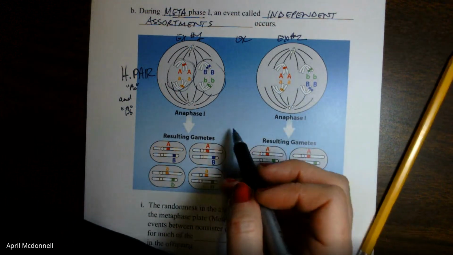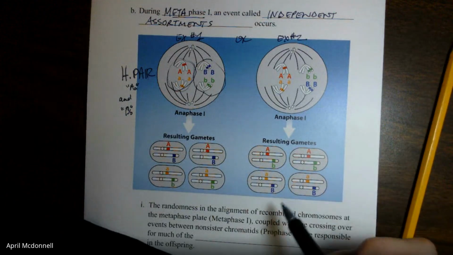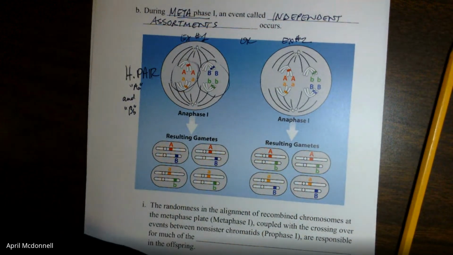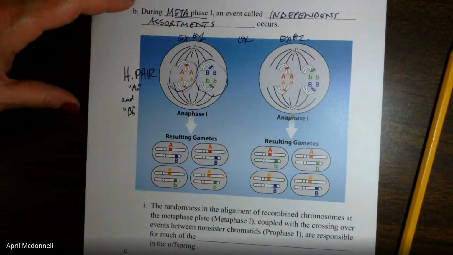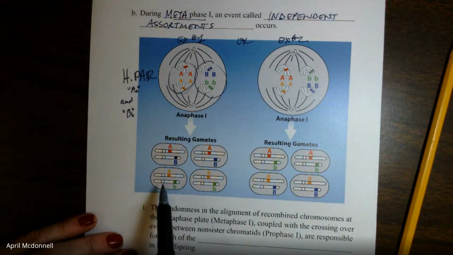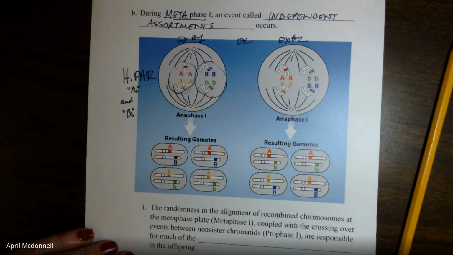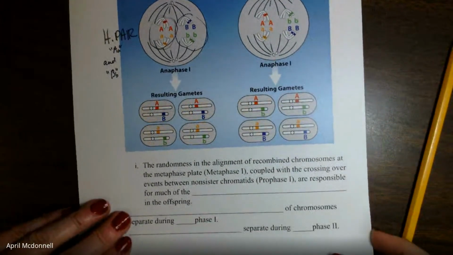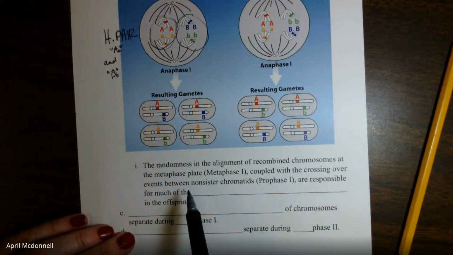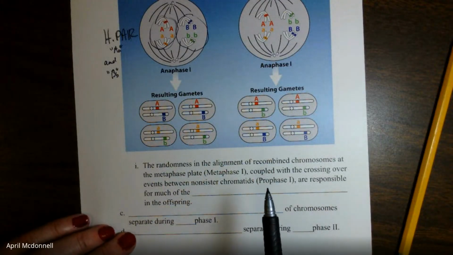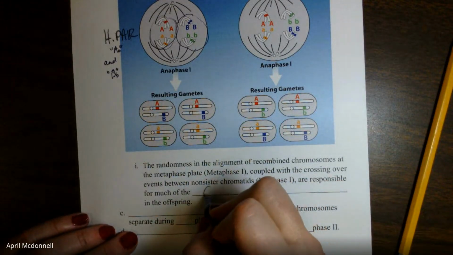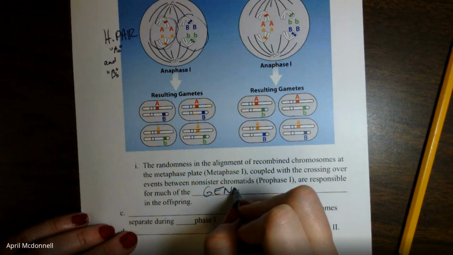So if you look at the resulting gametes, just due to the placement of the homologous pairs of chromosomes during metaphase 1, you can see that the gametes that are produced are all going to be genetically different. So the randomness and the alignment, coupled with the crossing over, are responsible for genetic variation.